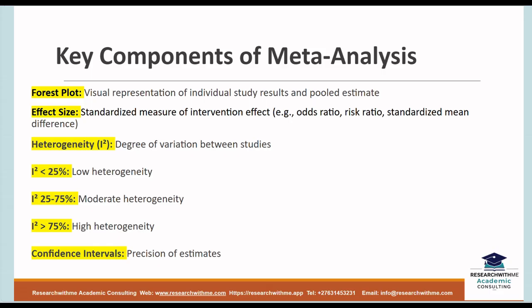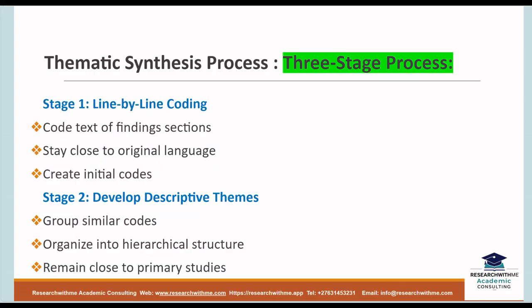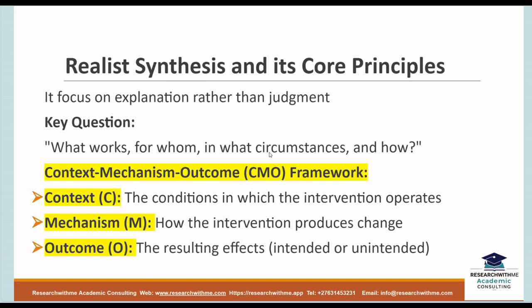Low heterogeneity simply means that, if you are doing meta-analysis, those studies are closely related, while high heterogeneity means the degree of closeness or similarity is not that much. And we have moderate, we have high heterogeneity, and all that. So, yeah, we have spoken to all of this when I was talking about how to go about your coding and how to come up with a theme and synthesis.